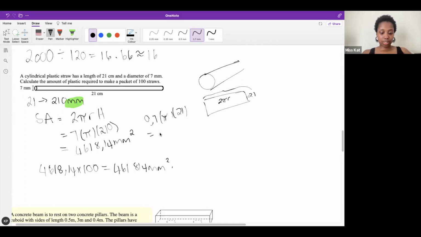It's going to be pi times 0.7 times 21. It's going to give you 46.18 centimeters squared if you're doing it in centimeters. And then for the 100 straws, it's going to be 4,618 centimeters squared.